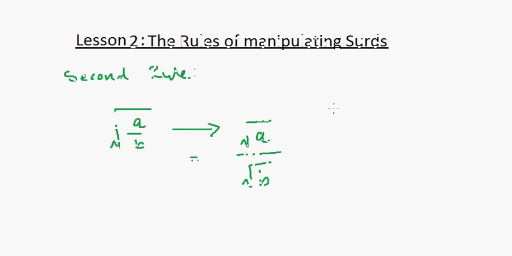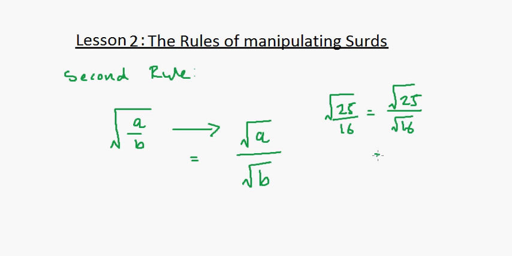So say you have the square root of 25 over 16, that will be root 25 over root 16, and because we know our squares so well, we know that that's 5 over 4. So these two rules that we've mentioned so far are very handy, and now we're going to look at examples.